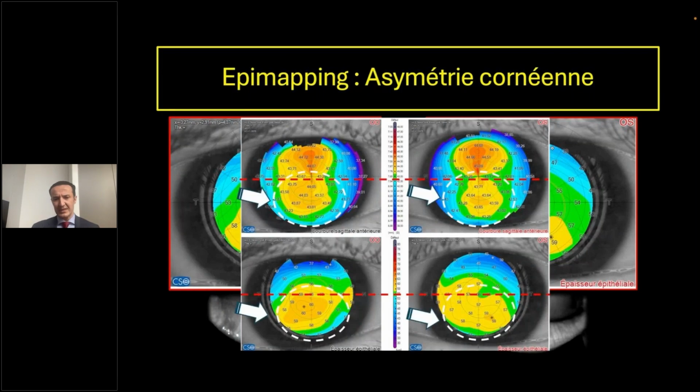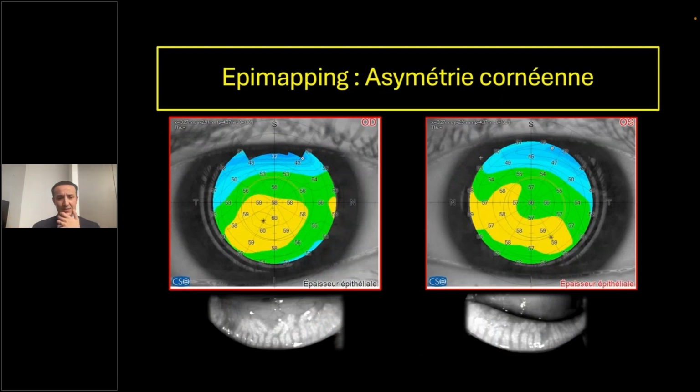Another case of asymmetry with another machine, and it's very interesting that different epithelium mapping does not give the same reading.